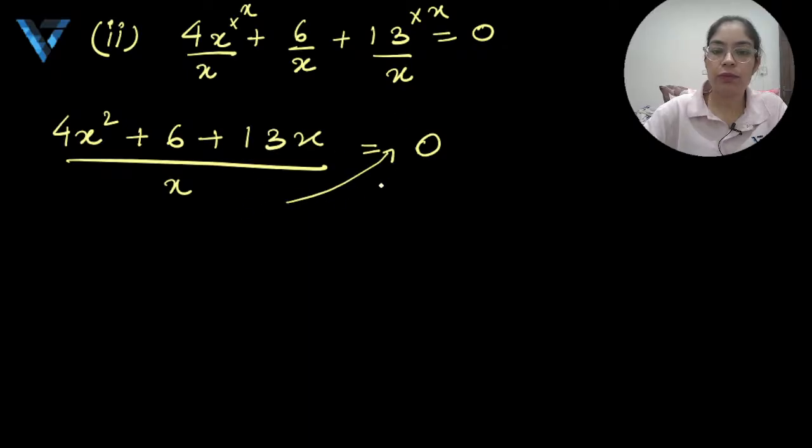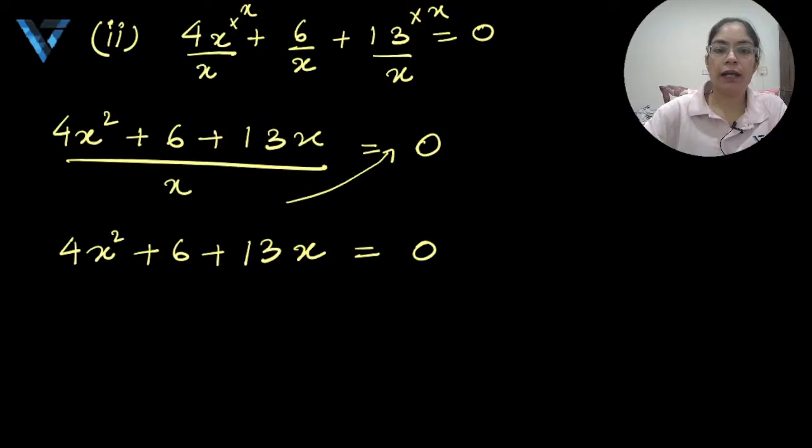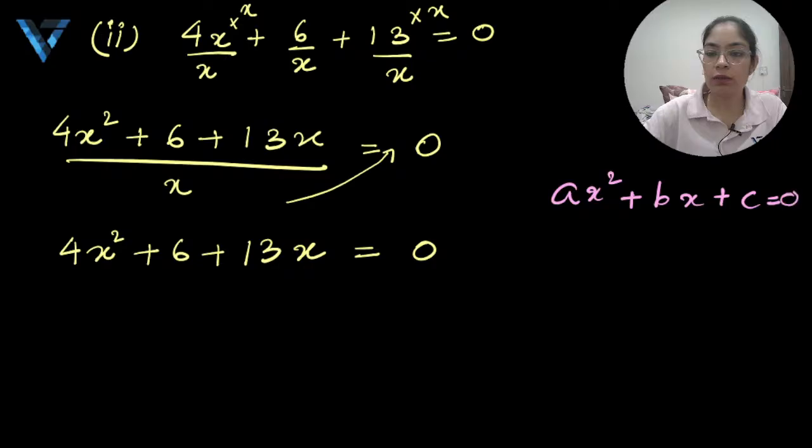Now x we can shift to the other side. If we shift x to the other side, it will get multiplied with 0. So we will get 4x square plus 6 plus 13x is equal to 0, since x into 0 is 0. Now the standard form of a quadratic equation is ax square plus bx plus c is equal to 0, and it should be written in this form only.